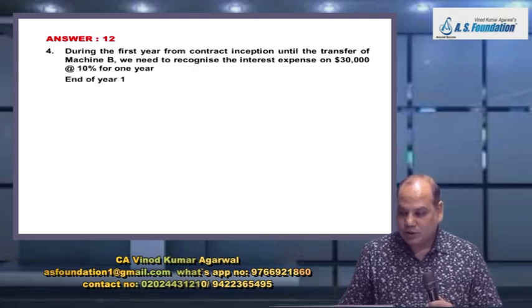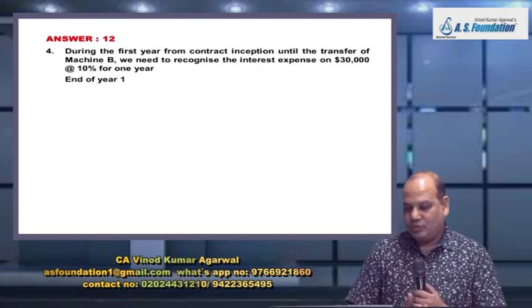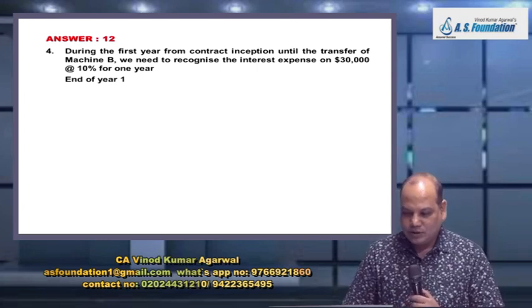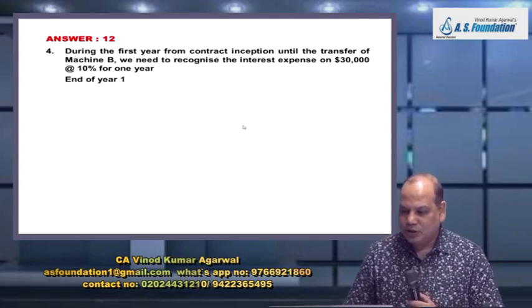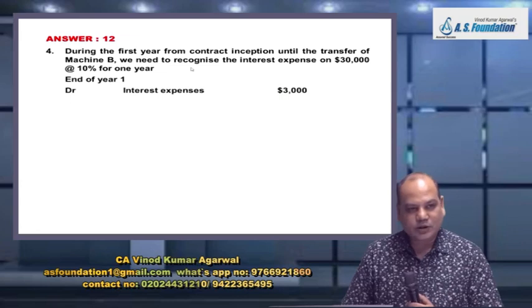But after 1 year, you have to recognize the interest. During the first year from the contract inception until the transfer of machine B, we need to recognize an interest expense of 30,000 at 10% for 1 year. You should ask one question.